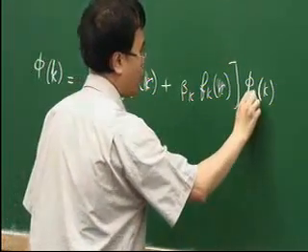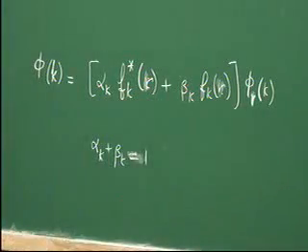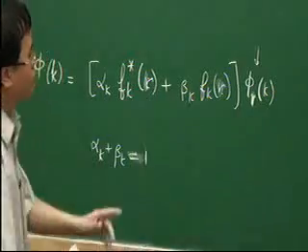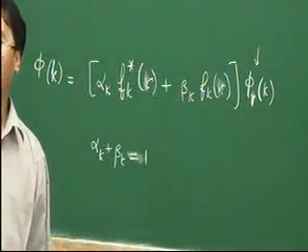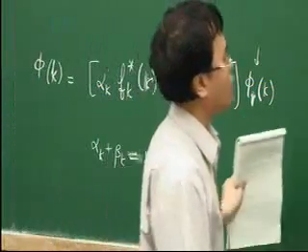This should be phi 1. Now, in order to formulate this procedure, the boundary condition we put here is that phi is equal to the source on the upper part of the string of the closed time path contour.